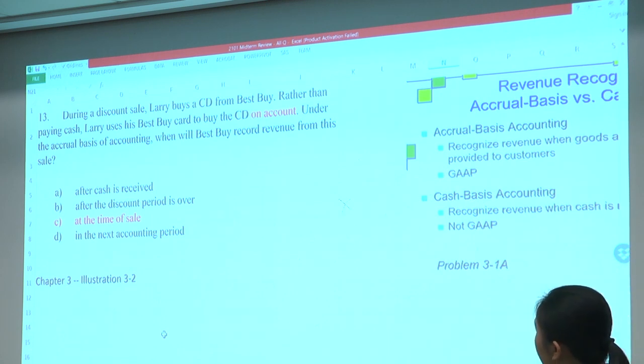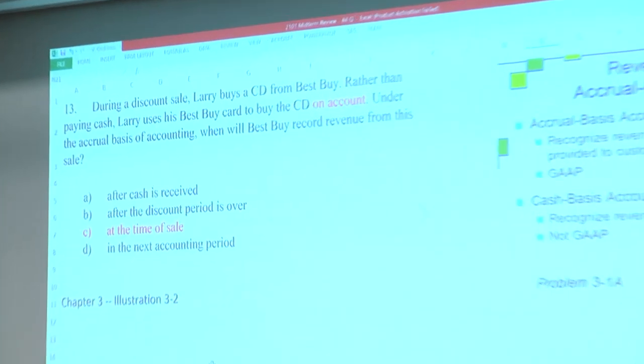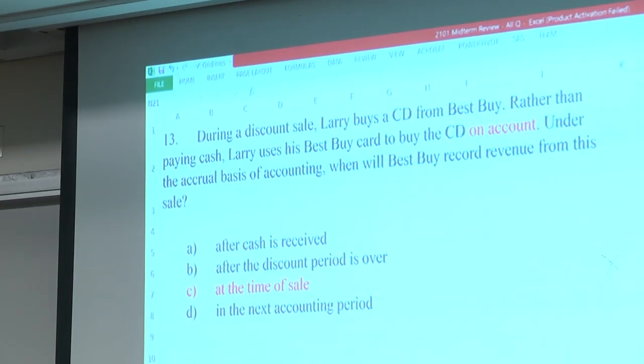Question 13, during a discount sale, Larry buys a CD from Best Buy. Rather than paying cash, he uses the credit card on account. Right? Sometimes, if we are not sure about how we treat credit card payment, because it's really short term, you don't know whether it's notes payable or accounts payable.